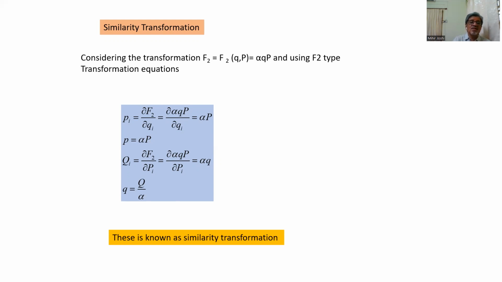So in one case it is a multiplication by α, and in the other case it is a division by α. This is known as a similarity transformation.